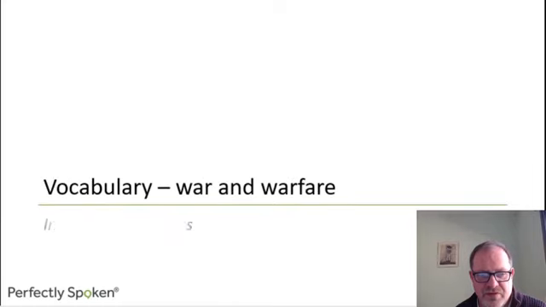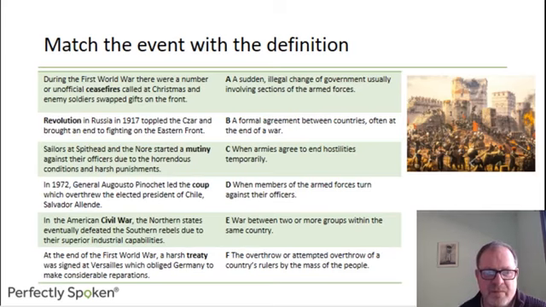And now we're going to look at some incidents and events. So you can see the siege of Istanbul, I believe, in the picture. Anyway, during the First World War, there were a number of unofficial ceasefires called at Christmas, and enemy soldiers swapped gifts on the front.